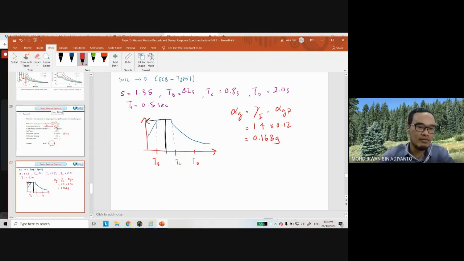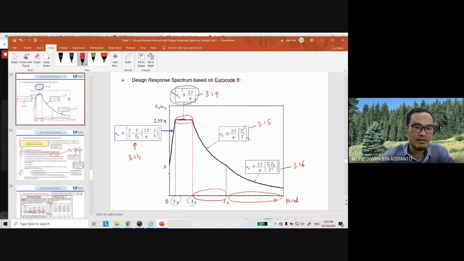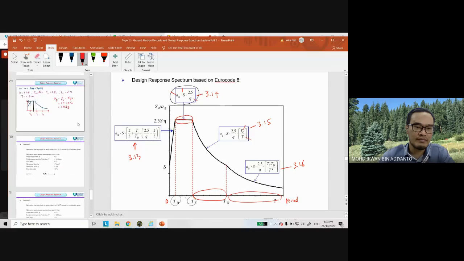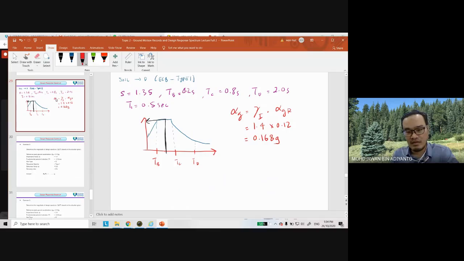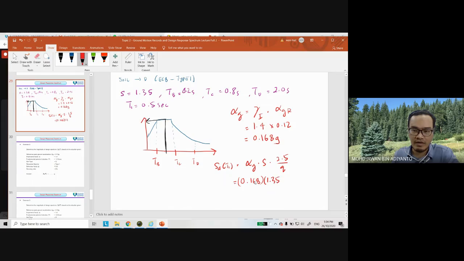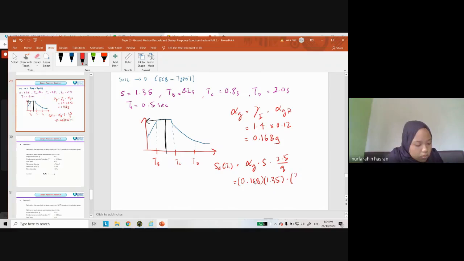So by referring to these equations, alpha G times S times 2.5 over Q, spectral acceleration at fundamental period of vibration is equal to alpha G times S times 2.5 over Q. So just put in the value here. What is the value of S, the soil factor? 1.35. Okay, good. 1.35 times 2.5 over the Q.